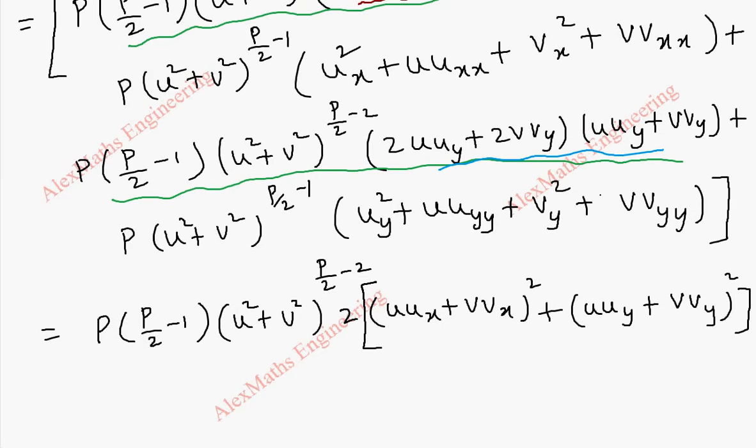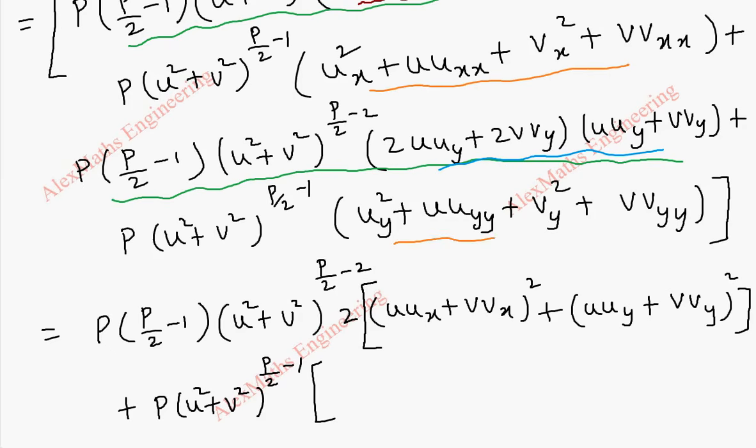So we have taken the common terms out from the first and the third set of terms. In the same way, from the second and last, p into (u² + v²)^(p/2 - 1), we can write the rest of the terms. But again, when we combine here itself, from these terms we can group the common terms. Like first ux squared I have written, then vx squared, then uy squared plus vy squared.